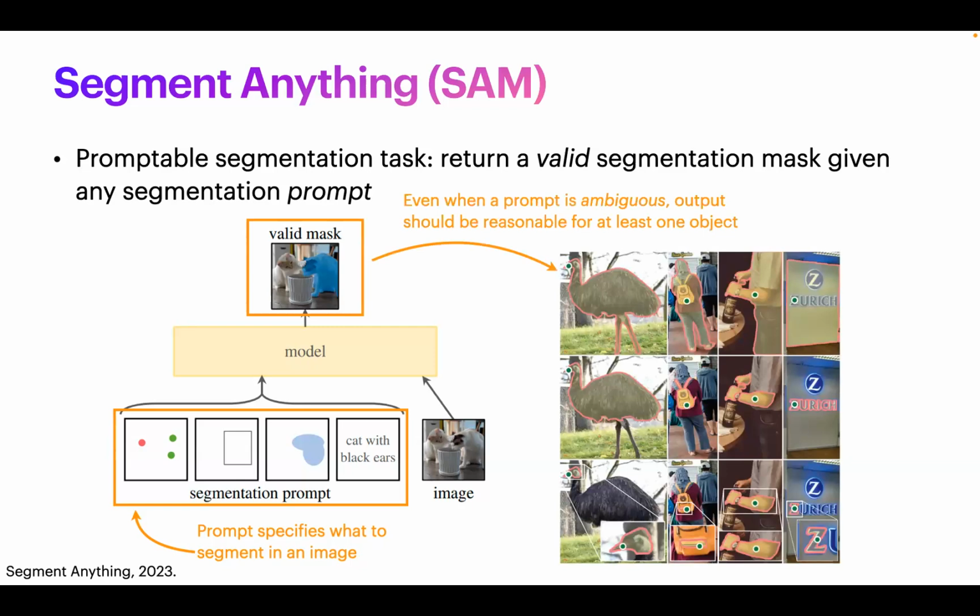So even when a prompt is ambiguous, the output should be reasonable for at least one object. If there is a dot on this image, it corresponds to the entire ball, or it could correspond to just the dot dot, or it could only correspond to the label on the dot dot. So the model is designed to output multiple valid masks.